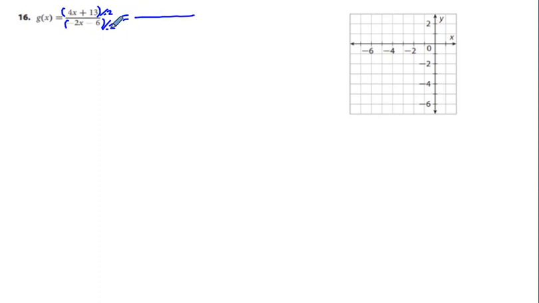So what you're going to get is 4x divided by -2, you get -2x, and we're going to have minus 13 over 2, or you can say minus 6.5. That might be an easier way to look at it. And then the denominator, you'd be left with x plus 3, and then work with that.